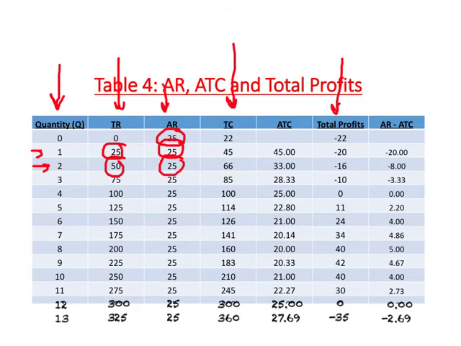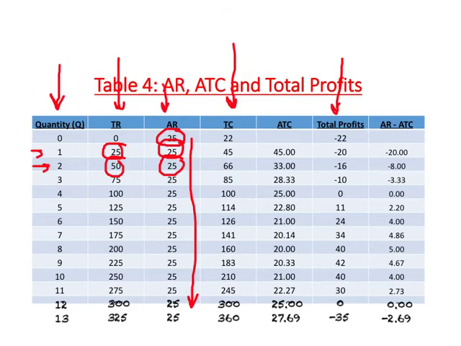Now if you have information only on average revenue, and the average revenue is $25 for 2 units sold, what will be total revenue? It will be $50. And in this way we can complete the average revenue column. And we know average revenue is the same thing as price. And since the price is $25 a piece, this number is a constant.